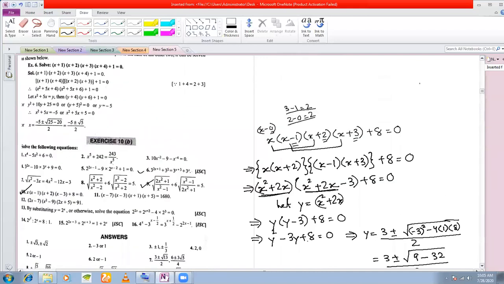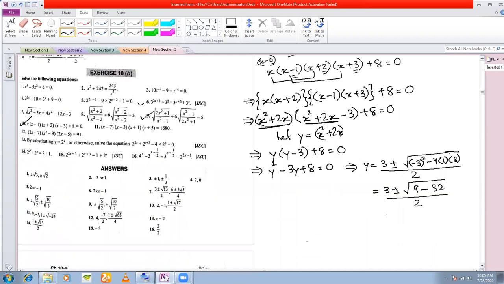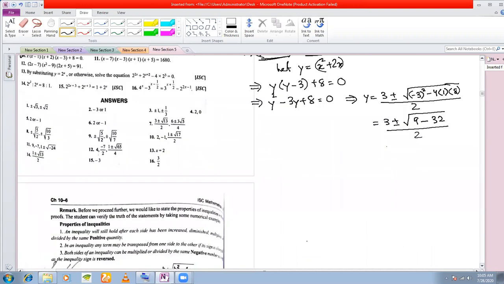Let me check once again. x square plus 2x, x square plus 3x minus x minus 3 plus 8. y into y minus 3, y square minus 3y plus 8. Yes, this is okay. Minus b plus or minus root b square minus 4 into a into c.